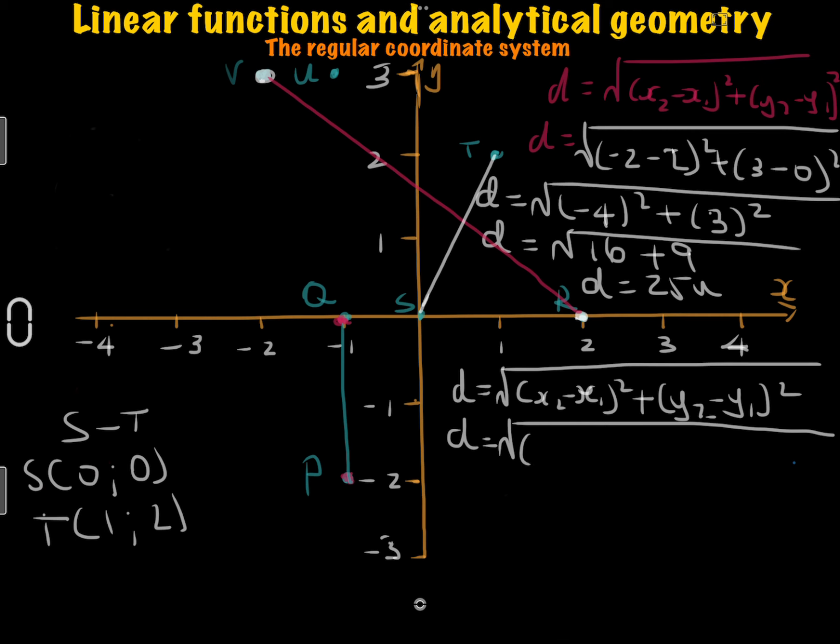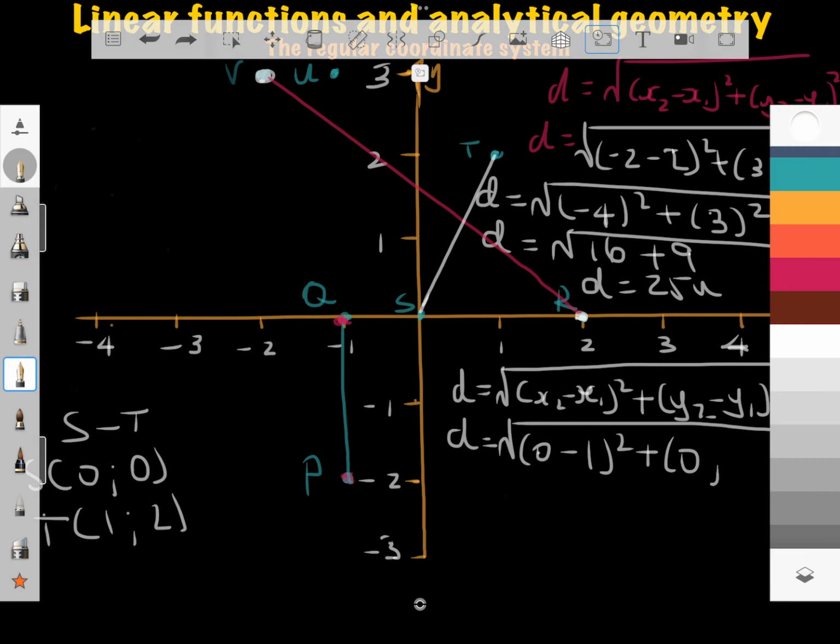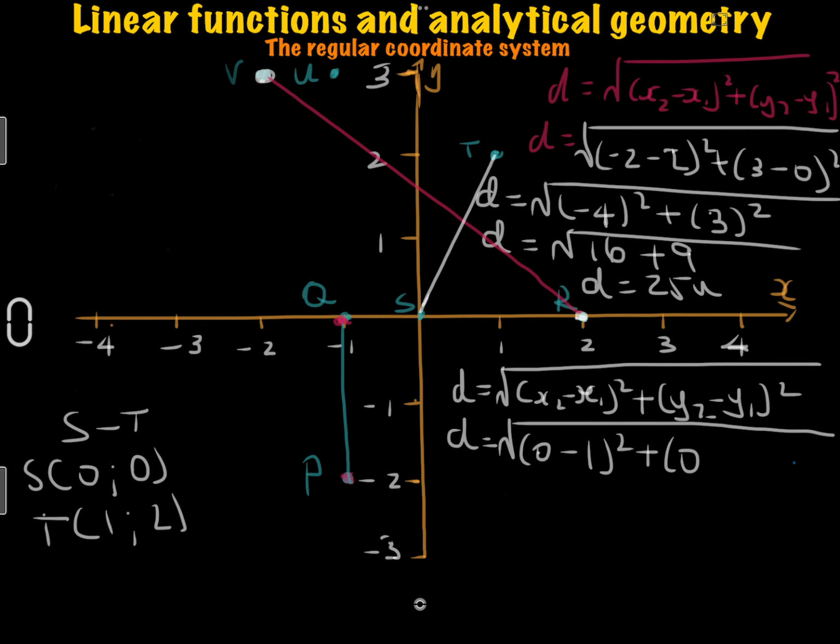For S, x is 0 minus our x for T, which is 1, plus our y for S, which is 0, minus our y for T, which is 2.